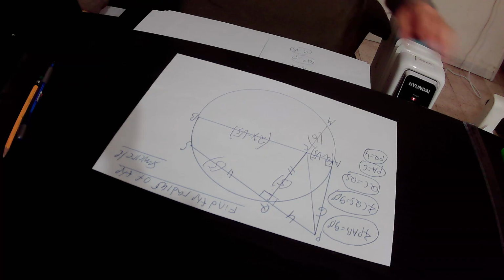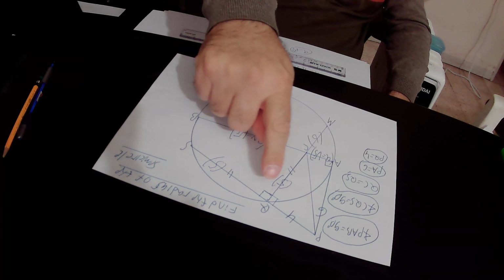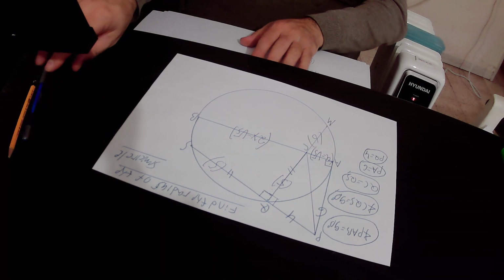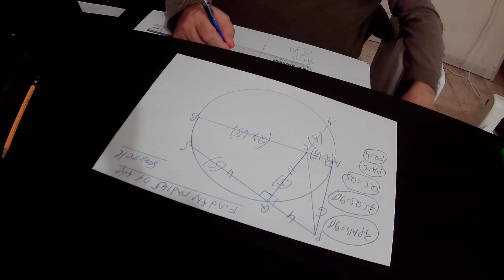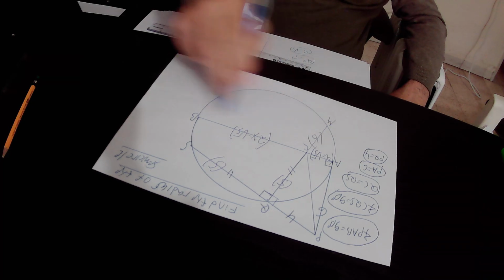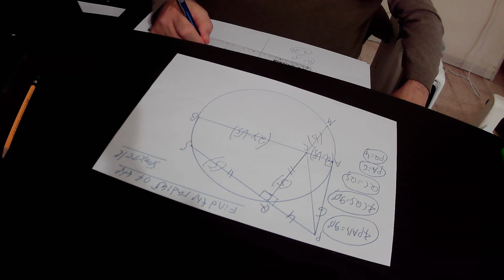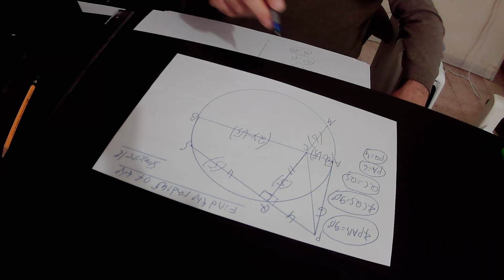Because in our drawing we have chord AB that intersects with chord QM at point C. So I write it down: chord AB intersects with chord QM at point C.